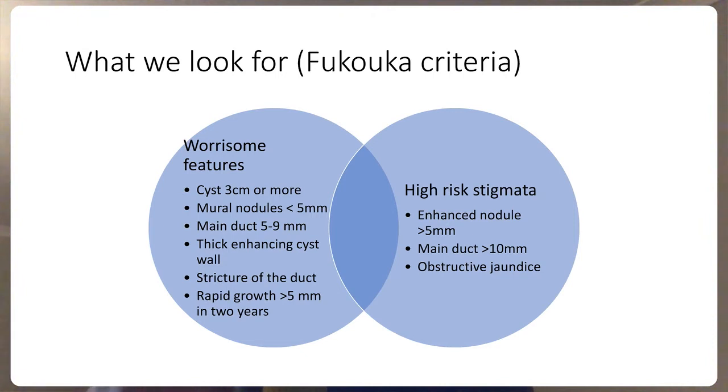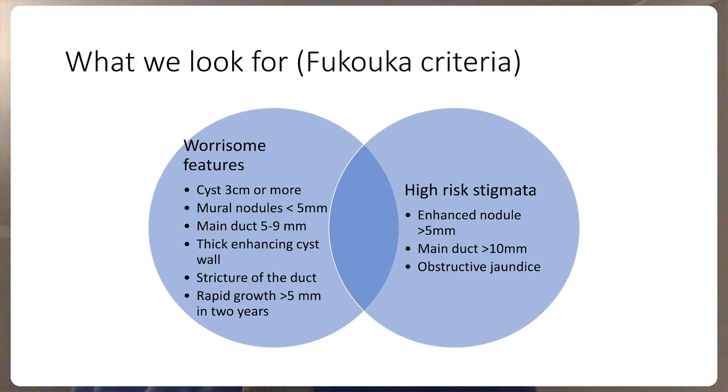So the duct size, the cyst size, and the other thing that we look at mainly is really the presence of nodules, mural nodules. So these are the three main worrisome features that you look at in any intraductal papillary mucinous neoplasm: cyst size, mural nodule, size of the pancreatic duct.